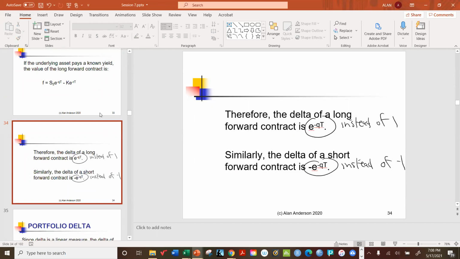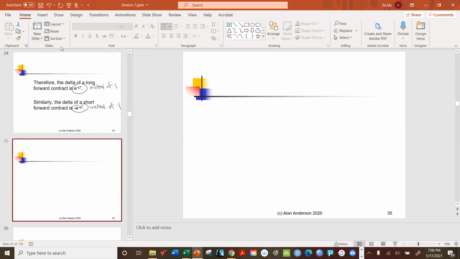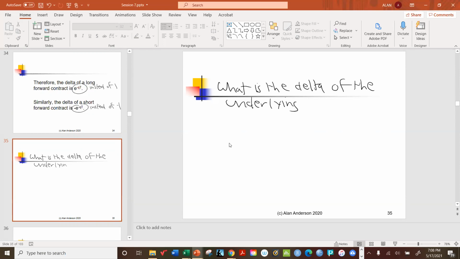Now, here's an interesting question. What's the delta of the stock? Does the stock have a delta? Well, technically it does, as you'll see when I write out the definition. We're assuming up to this point that every one of these derivatives has had an underlying stock.